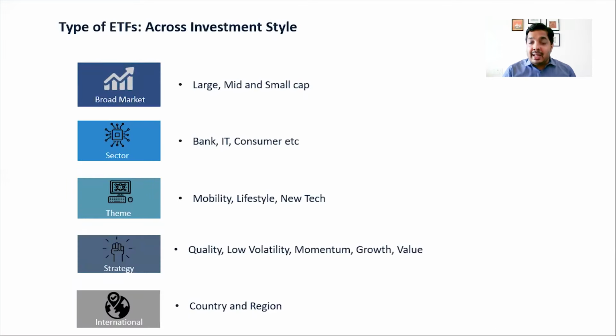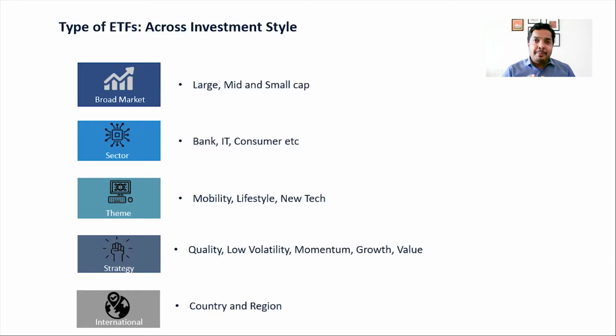Now, in this slide, across investment style, there can be several types of ETFs, right? While we call ETF a passive investment vehicle, a lot of thinking goes behind the creation of ETFs. And that is what you will realize when you think about the kind of possibilities which are there in the ETF world.